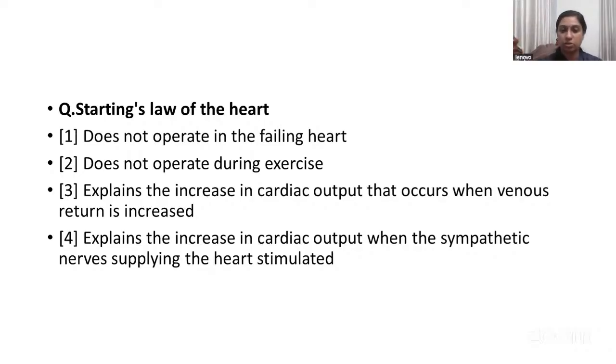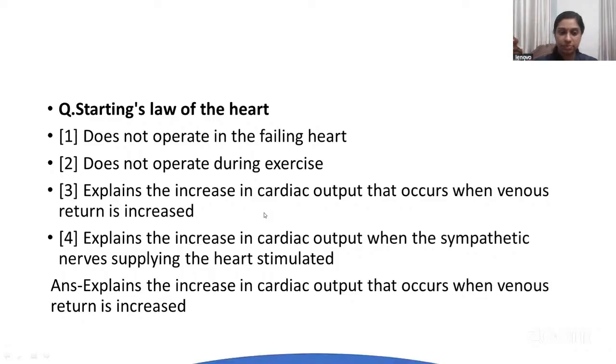They are not dependent on any sympathetic or parasympathetic innervation. They are autonomous circulations. Coronary and brain circulations, the central nervous system circulations, are not dependent on the autonomic nervous system. So here the answer is: it explains the increase in cardiac output that occurs when the venous return is increased.